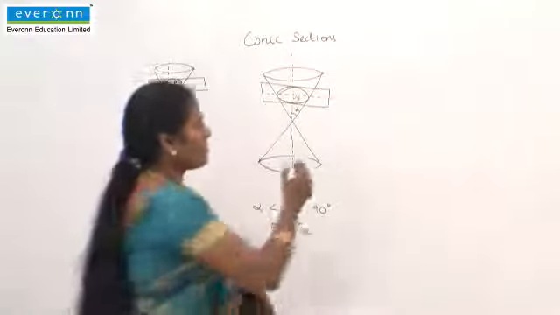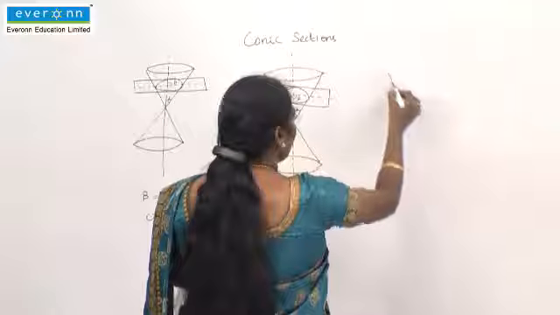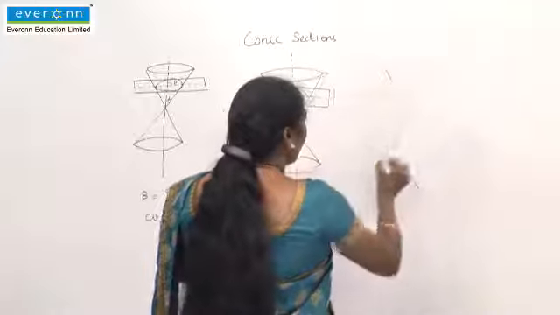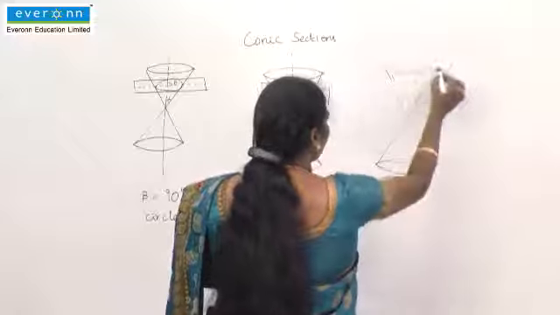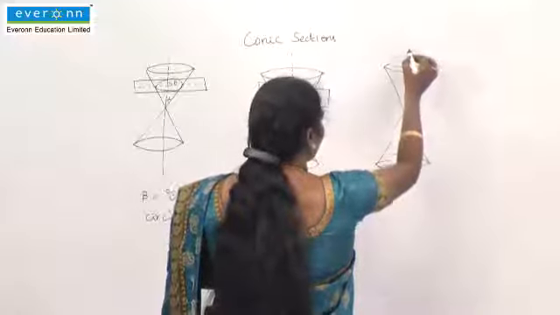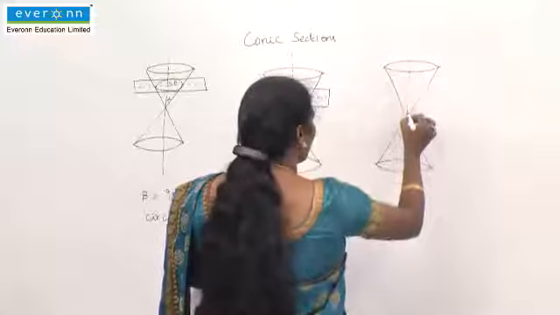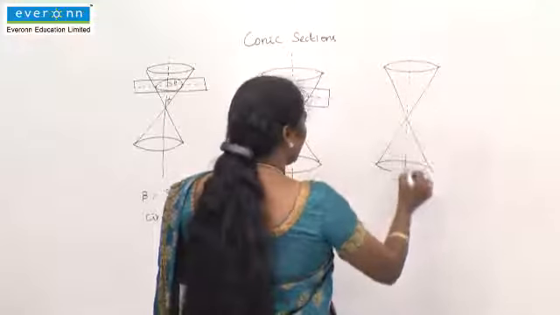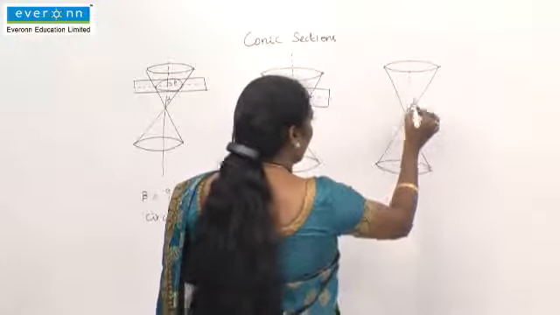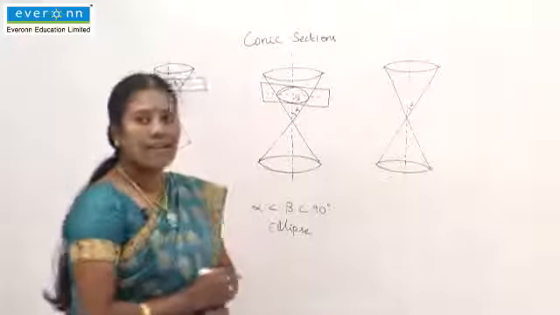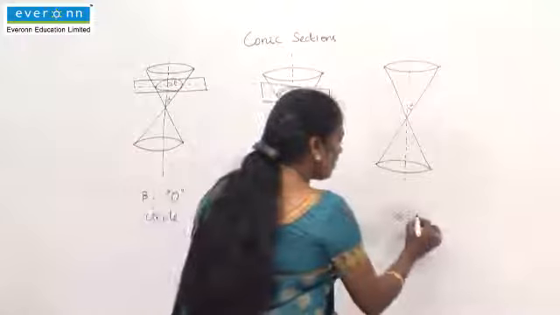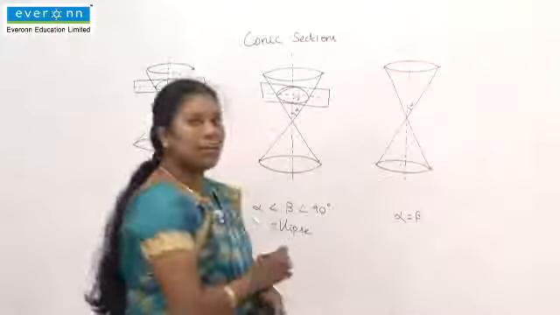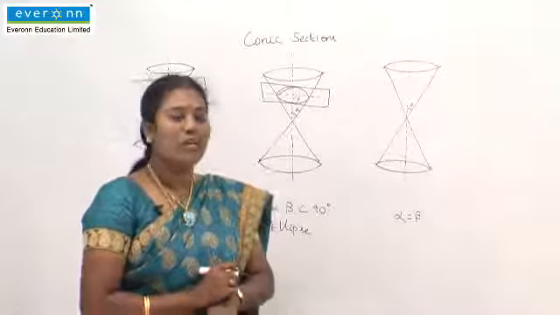So, the third case we are going to consider is that if alpha is equal to beta, we are considering a double naped cone. Alpha is the angle between the axis and the generator line. Here in this case, we are going to take an angle beta such that it is equal to alpha.